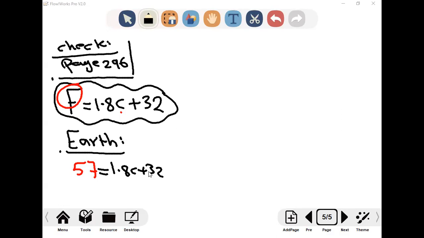Now I need to get rid of this 32 as we did in the equation a few minutes ago, right? So the 32 will move here. It will be positive or negative? Negative. Then I will divide by 1.8.